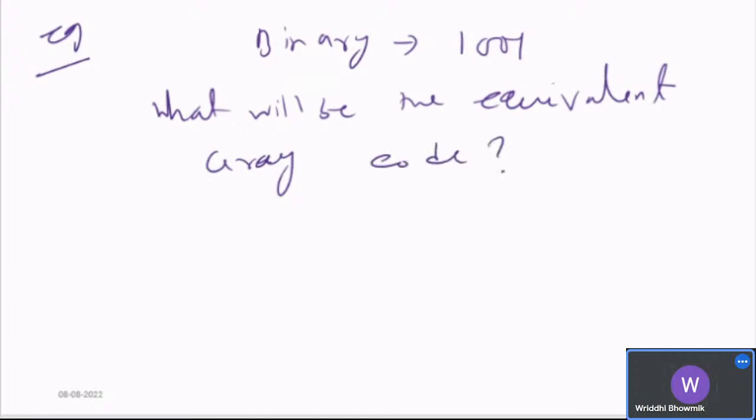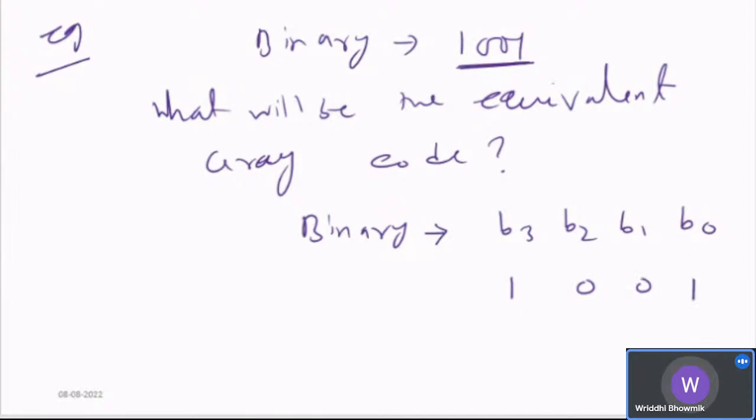In case of binary, we have B3, B2, B1, B0, and the number given is 1001, and you know the formula of gray code.